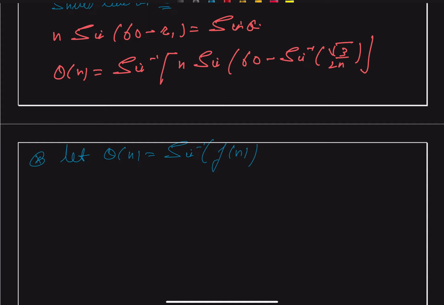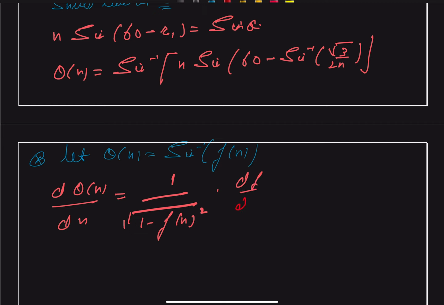If we differentiate it, we get d theta by dn is equal to 1 upon the square root of 1 minus f of n squared, multiplied by df upon dn.